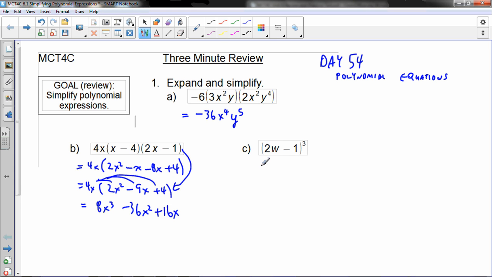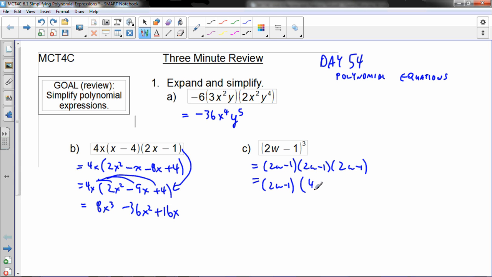The third one is really a lot like this one, and you might be tempted just to have the exponent apply on everything inside the brackets, but because of that minus sign, we can't do that. We have to think of it as a bracket times itself 3 times, like this. And I'm going to do the 2 brackets first.